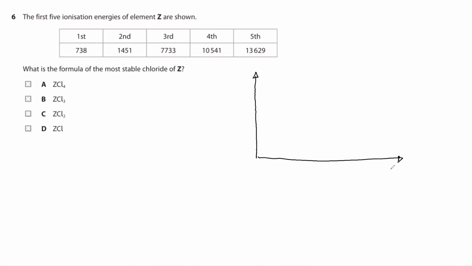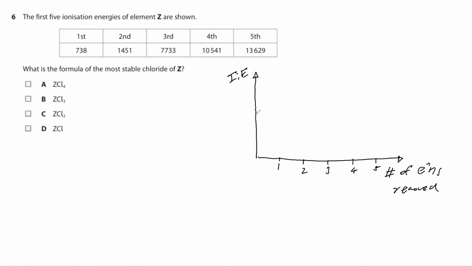So here I put the number of electrons removed, and on this side I'll put ionization energy. You don't need to be exact, but we'll just mark the ionization. They are going to remove 5 electrons: first electron, second electron, third electron, fourth electron, and the fifth electron.